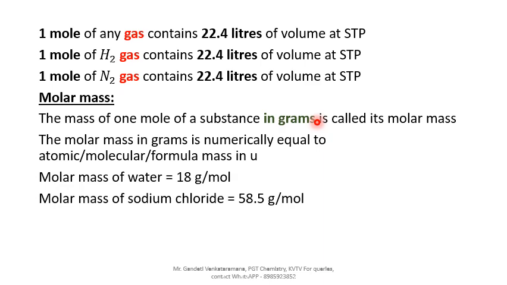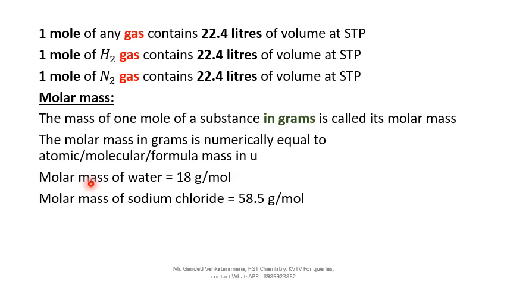In terms of unified mass, then that is molecular mass. If the mass is measured in grams, then it is called molar mass. That is the difference only, remaining as usual. The molar mass in grams is numerically equal to the atomic or molecular or formula mass in U.